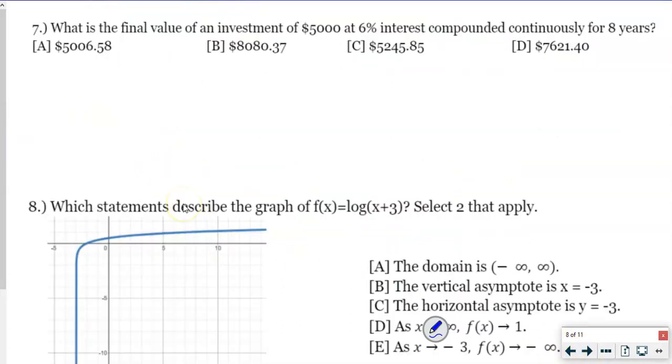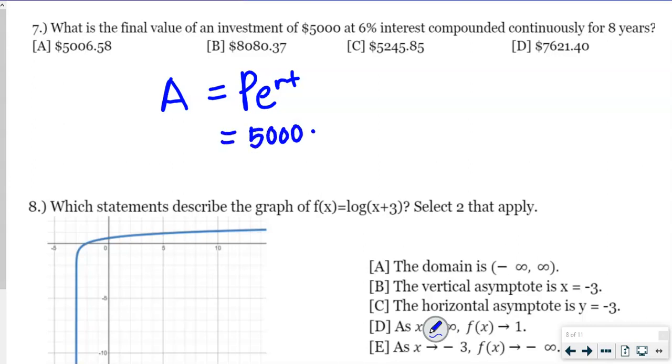All right, number 7 says, what is the final value of an investment of $5,000 at 6% interest rate compounded continuously for 8 years? So this is our P e to the r t, or PERT formula, right? And that's going to be equal to our final amount. So our initial amount is P. And then we're going to take it to the e to the 0.06.